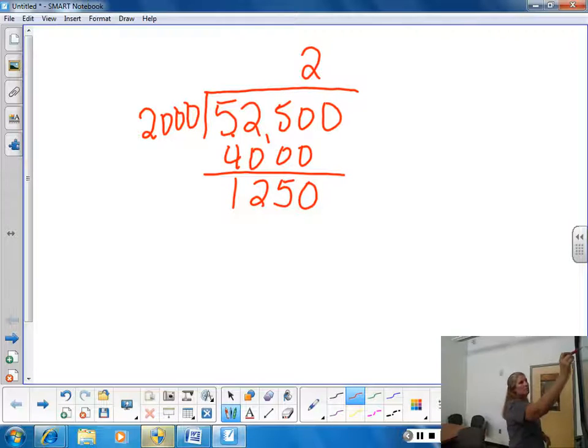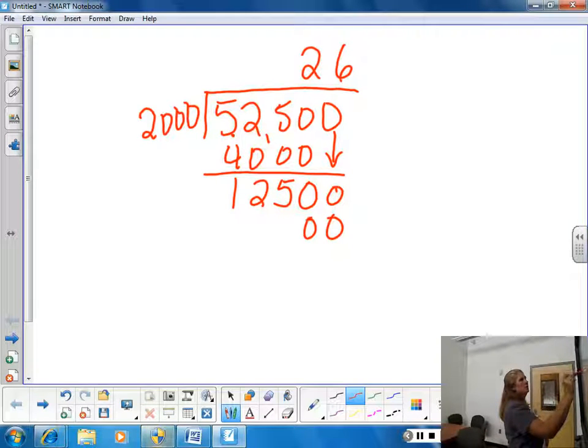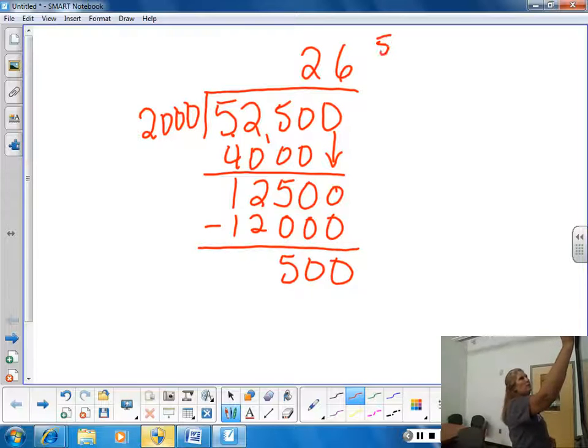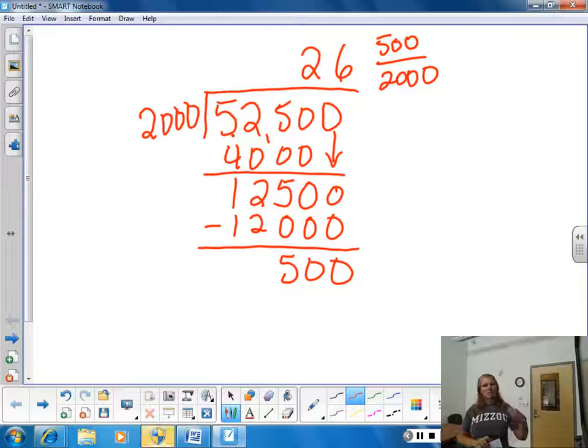Then bring down the next 0. How many times would 2 go into 12? About 6 times. So I'm going to guess 6. 6 times 0, 0, 0, 12. And subtract. So I have 500 out of 2,000. I either want to keep that at 26 or go up to 27.